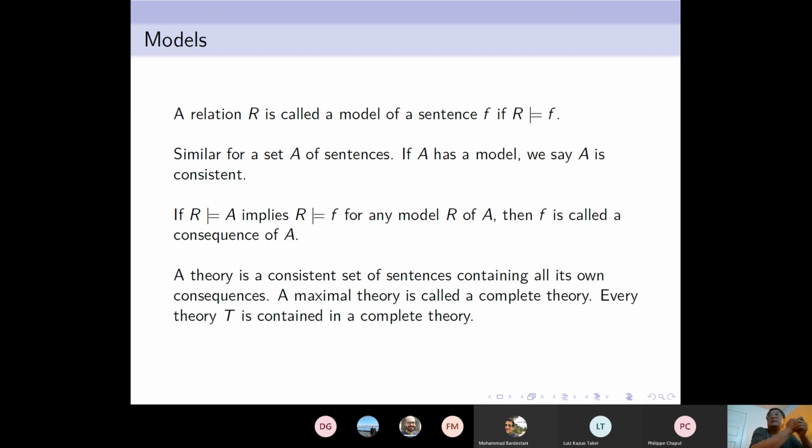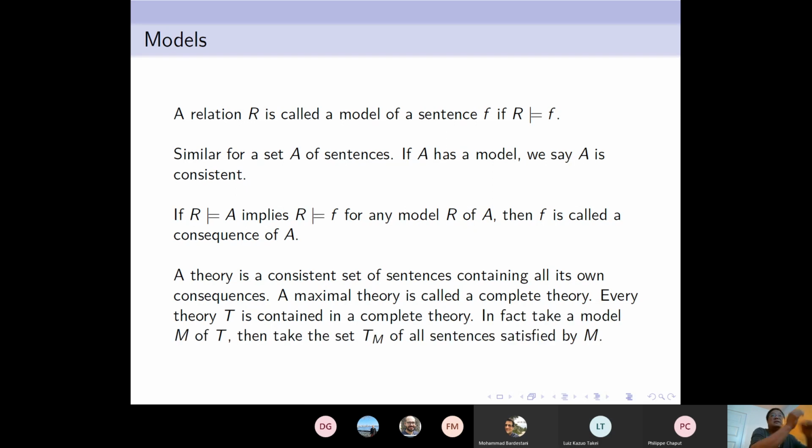Certainly every theory T is contained in a complete theory. In fact, we can take a model M of a theory T, which is maybe not complete. Then we take the set T_M of all sentences satisfied by M, and it can be proved this set T_M is a complete theory.